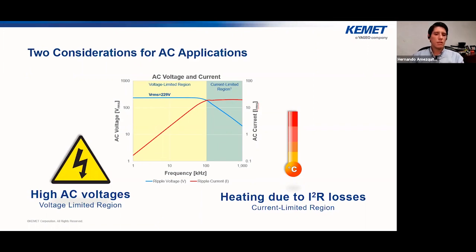This is very important when we discuss the rated voltage of an MLCC. You can see in the middle of the slide an example plot where the voltage is flat, and as the frequency increases, the voltage decreases.